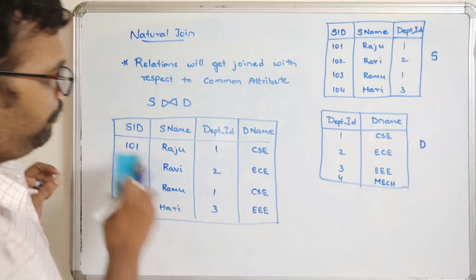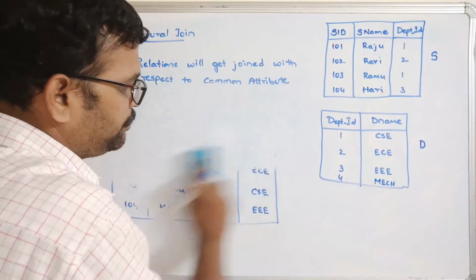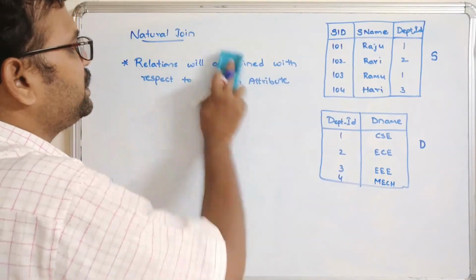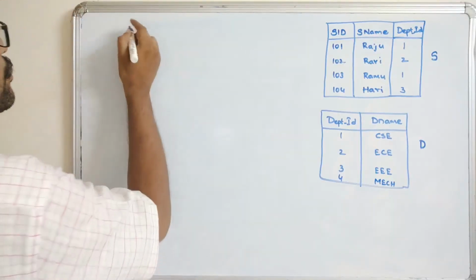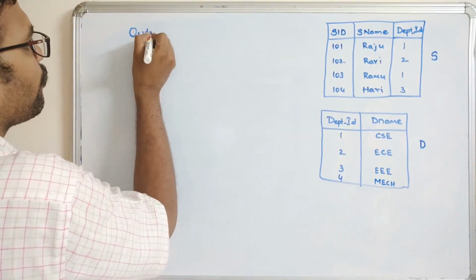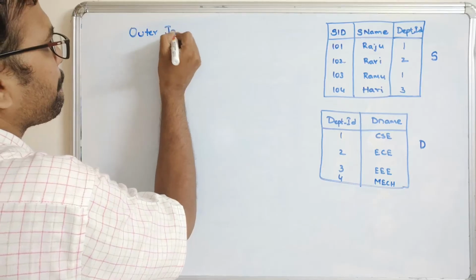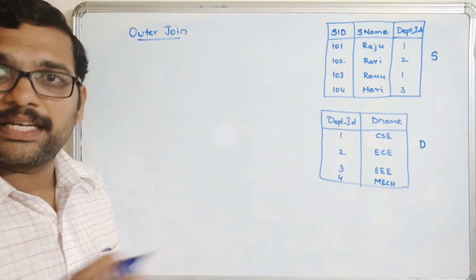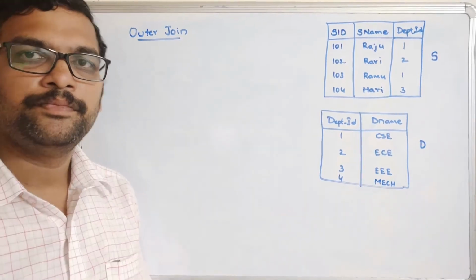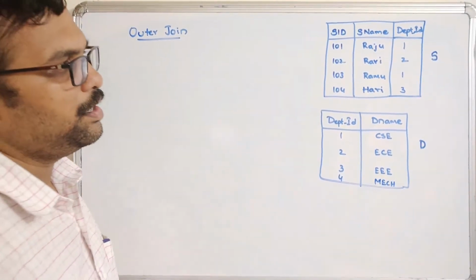The next one, outer joins. We'll see the outer joins. Let us take an example, consider the same examples.